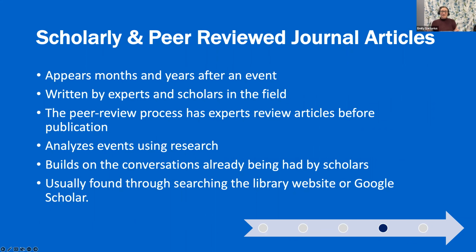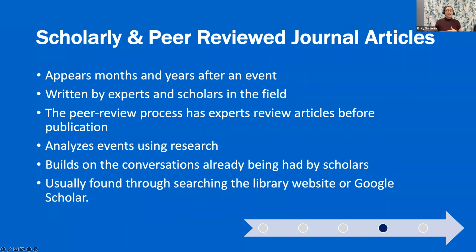And they're typically found behind a paywall if they aren't an open access journal. The best way to find these scholarly and peer-reviewed journal articles is through searching the library website, because we as a library pay for subscriptions to these journals, so you don't have to. You can also find some on Google Scholar as well, but sometimes there is a paywall on Google Scholar.